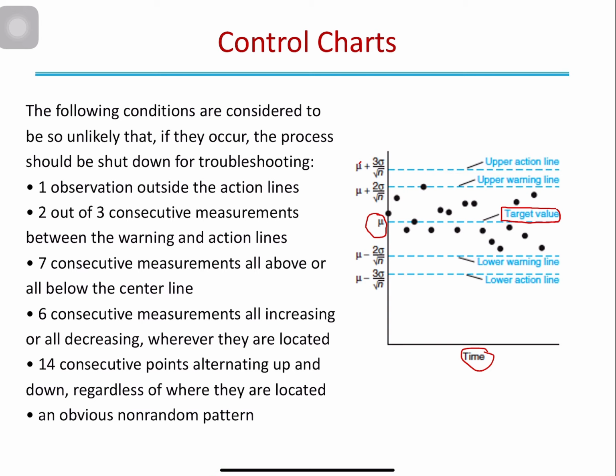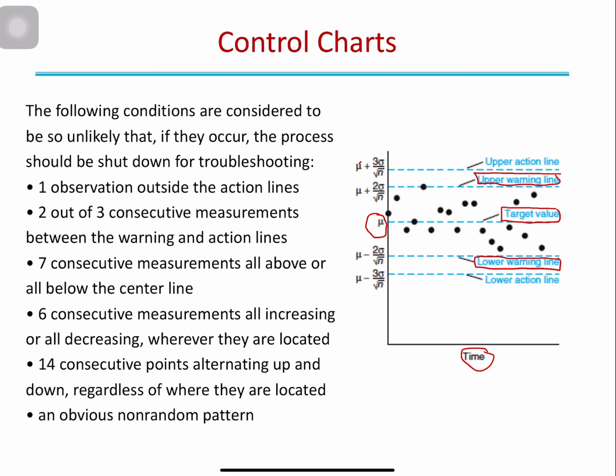Then we have what are called warning lines. There are 2 warning lines, an upper warning line and a lower warning line. The upper warning line value will be the average plus 2 standard deviations over the square root of the number of measurements, which is 25 in this case.